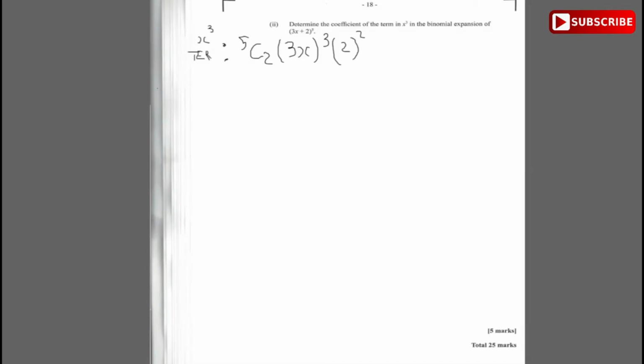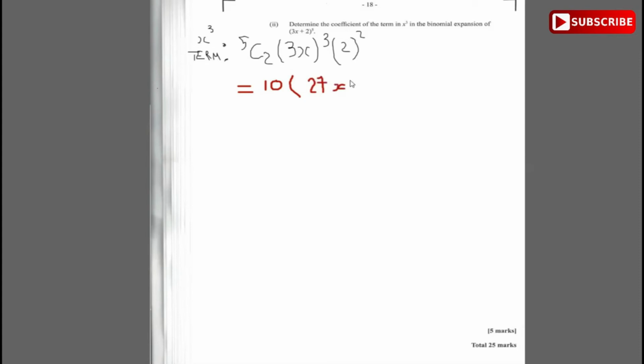So if you work this out, 5 choose 2 is 10. Then we have 3x cubed. 3 cubed is 27, so we'll get 27x cubed.